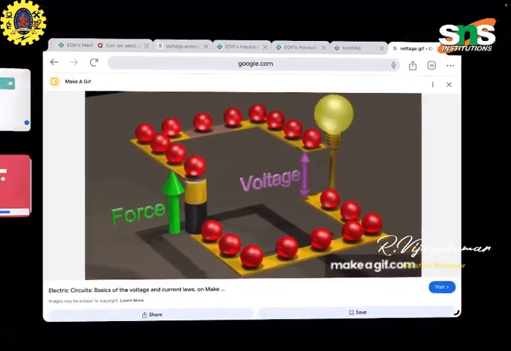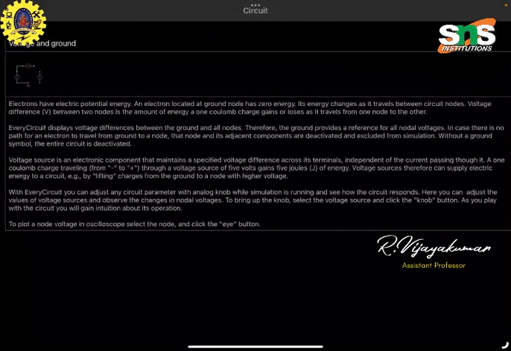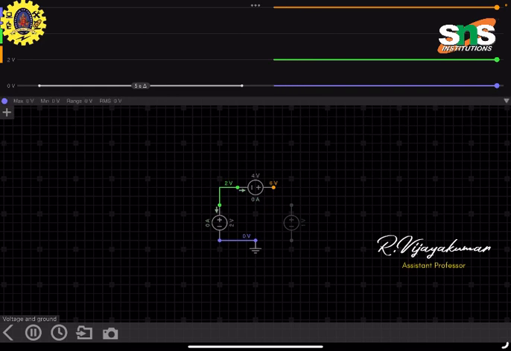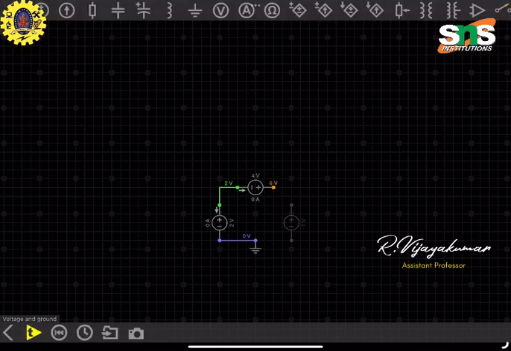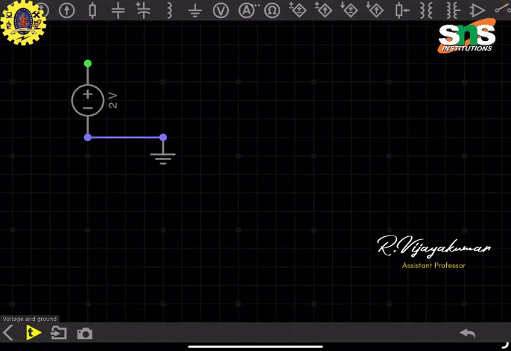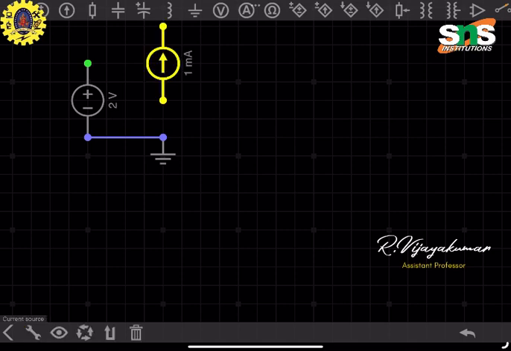Again, I will explain in a simulation manner. I am taking one voltage source here, a DC source, because we are discussing DC circuits. That's why I'm taking a DC voltage source here. And then I'm taking one voltmeter in order to measure the voltage value.